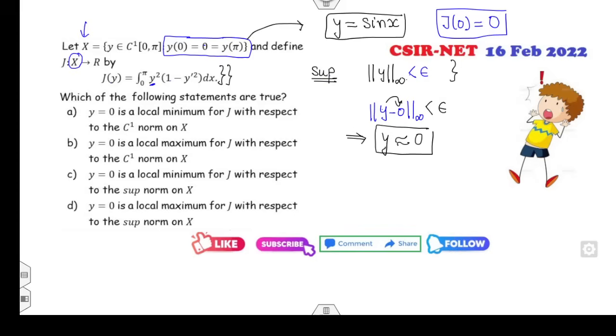Fine. So what I can do, I can choose the value of the y dash as any number, say alpha. That alpha can be greater than 0, it can be less than 0, or it may be 0. Is it okay?